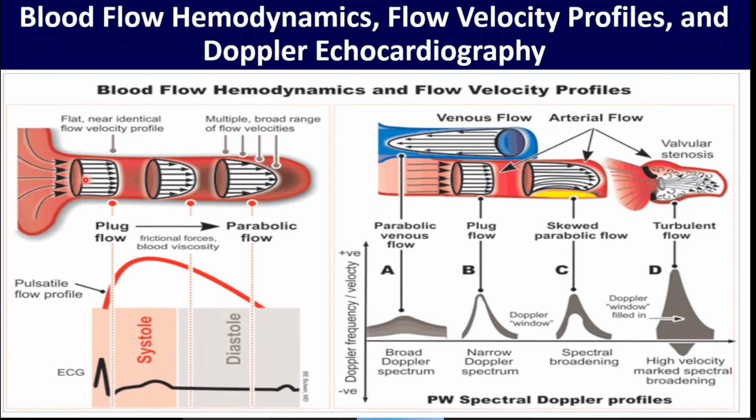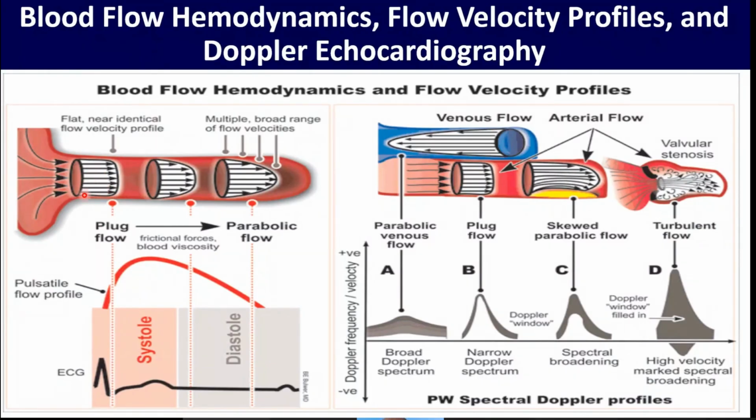So it makes that fluid a non-Newtonian fluid. It does not obey Newton's laws. Because of that, the velocity of the blood in the center of the vessel is higher than in the peripheries. If you look at the peripheries, the speed of RBCs will be less compared to the center.